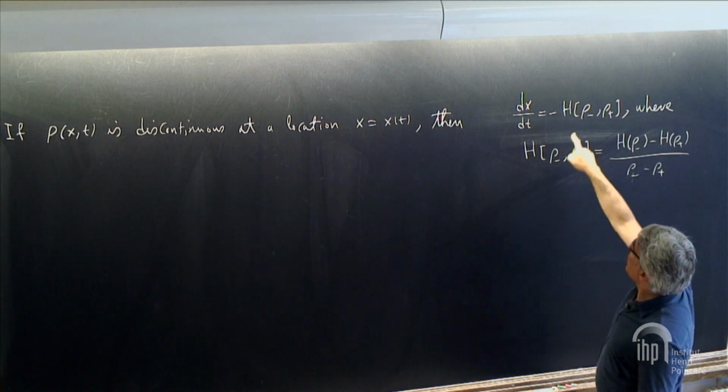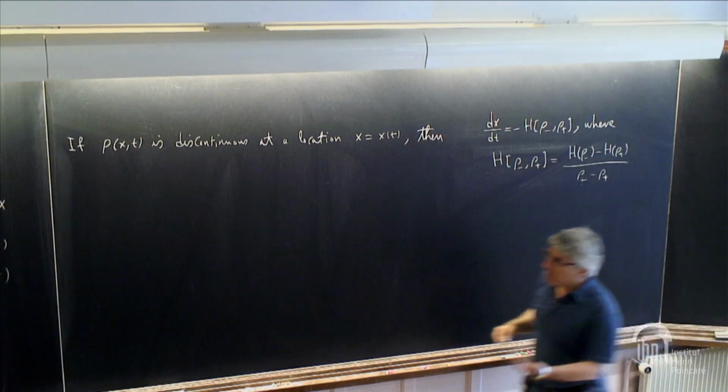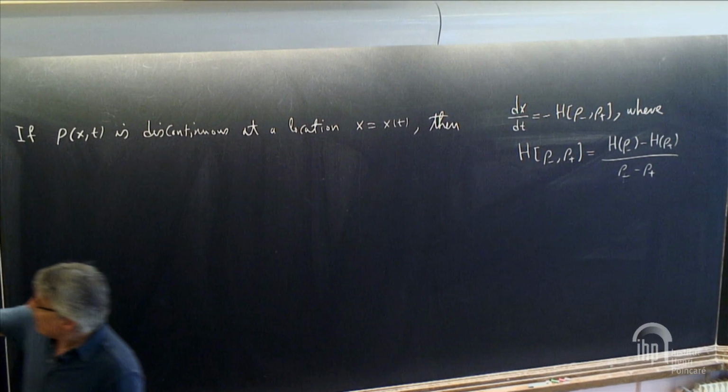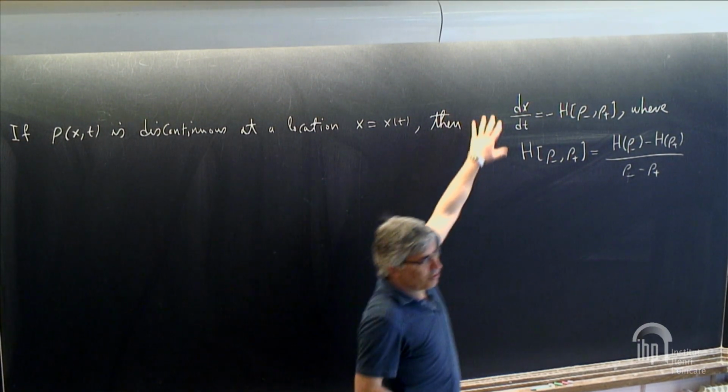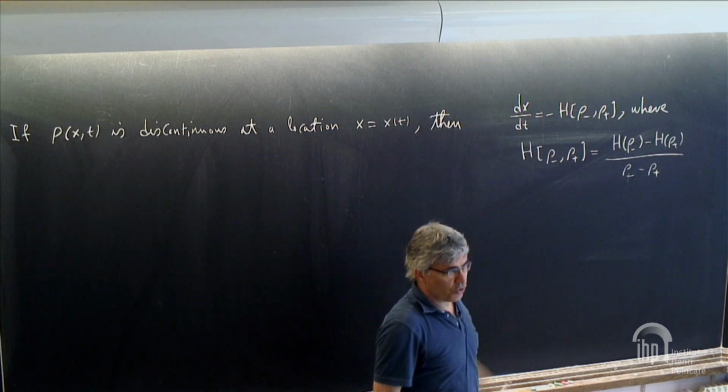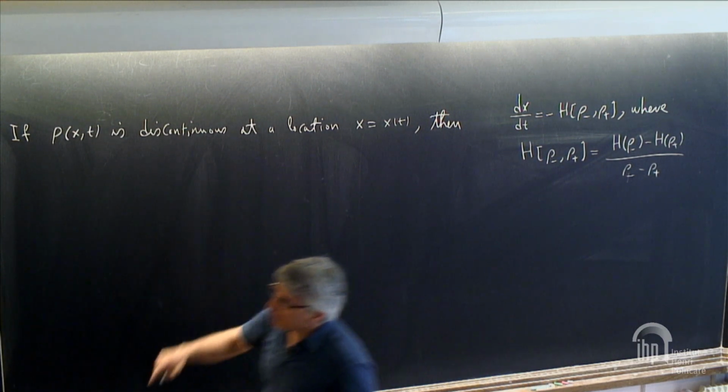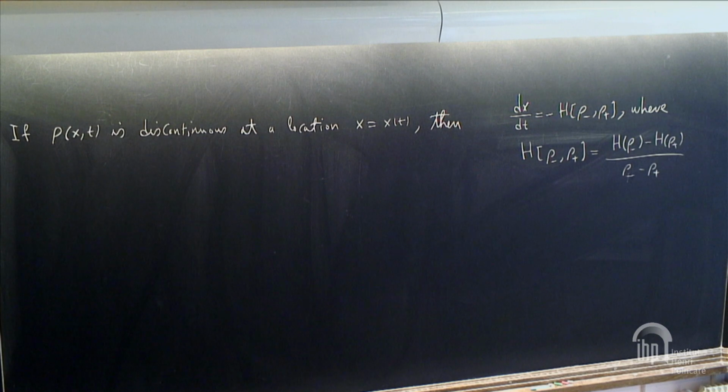So again, why is this an ODE? Because rho minus and rho plus are themselves functions of the location. That's why when you write this down, you would have an ODE to solve. That just follows from the fact that rho is a weak solution to this equation. You can think of some kind of conservation law, and the conservation law would force that equation for the location of the discontinuity.